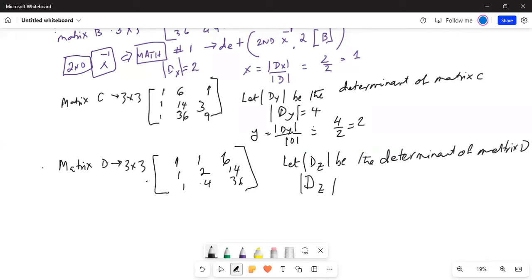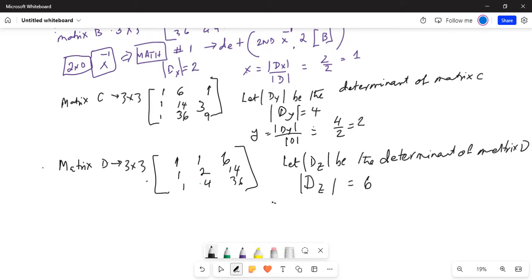I put the calculator off, then I put it on. Then second, x minus 1, math number 1, and inside the parenthesis, again second, x minus 1, and then I select number 4 because I want to put matrix D there. Close the parenthesis and hit enter, and dz, determinant of z, is 6.